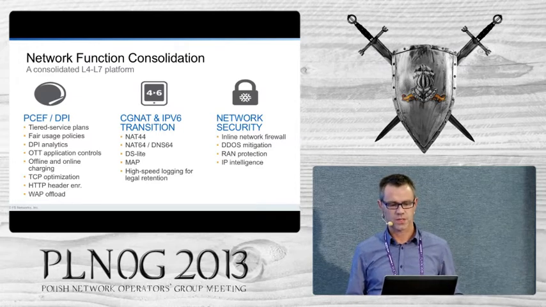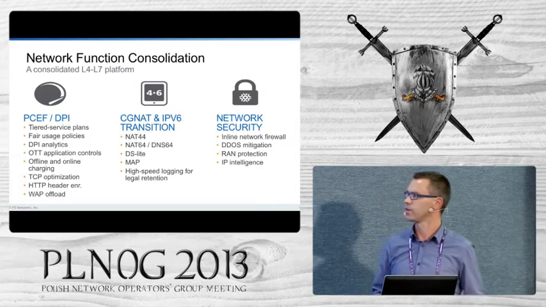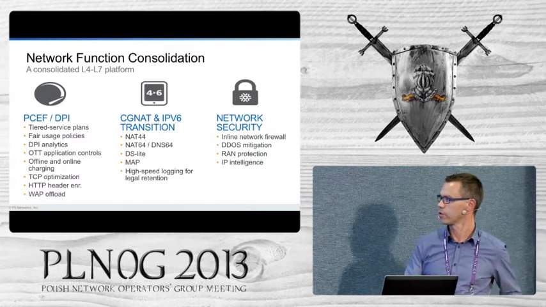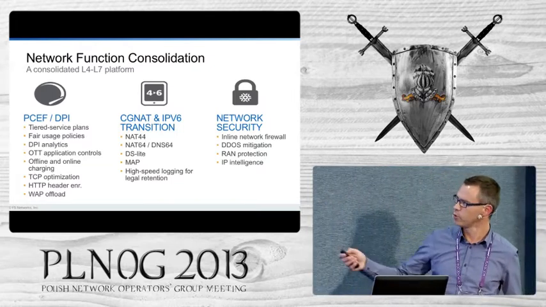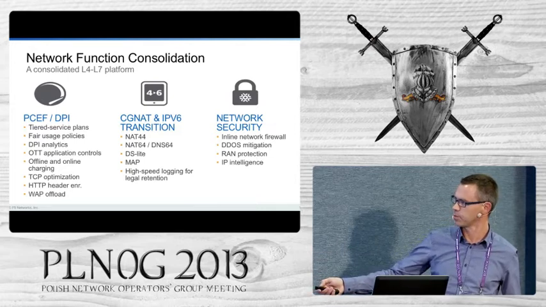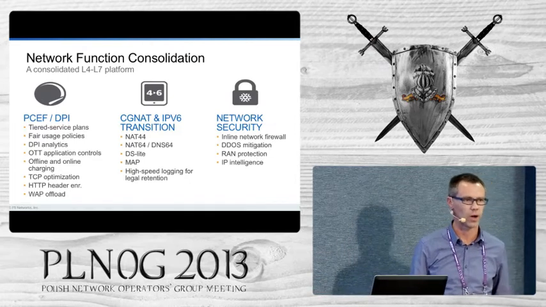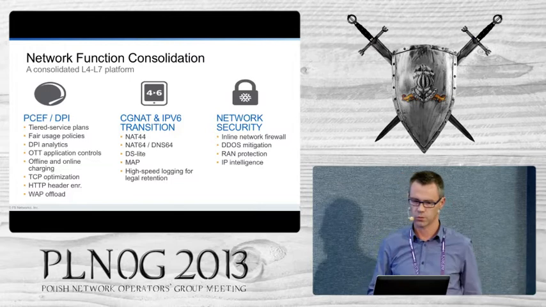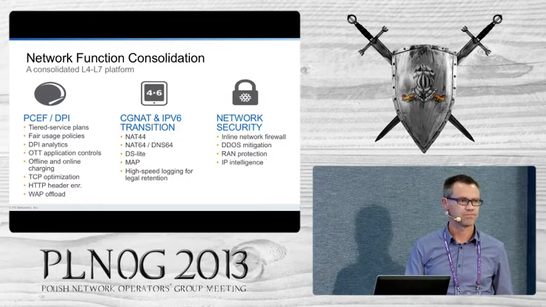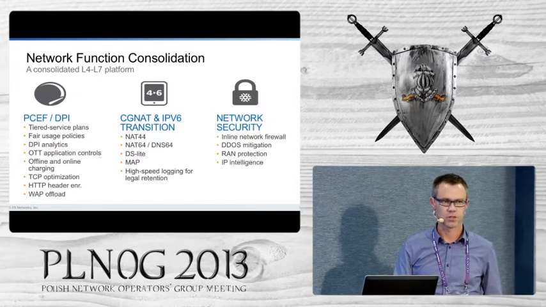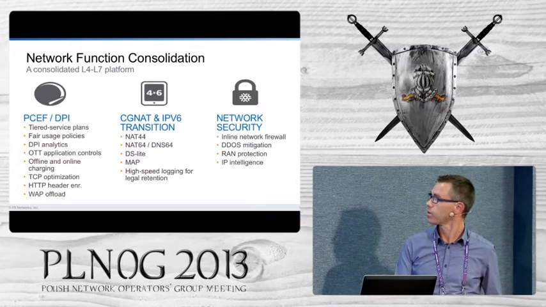So on the DPI side, I think I don't need to go through the details of this. I think everybody here in the room is very familiar with what DPI platforms are about. But we do add a couple of other things like TCP optimization, header enrichment, WAP offload to the systems. CGNAT and IPv6 transition. I think most of these technologies speak for themselves. And then network security, so that's the Gi firewall.